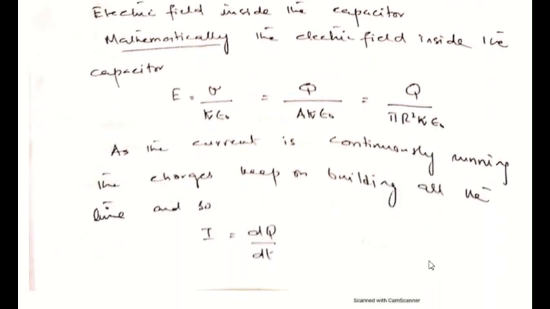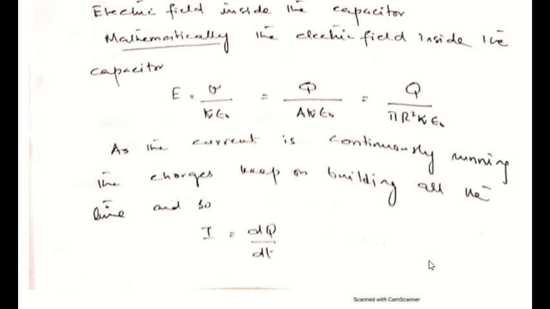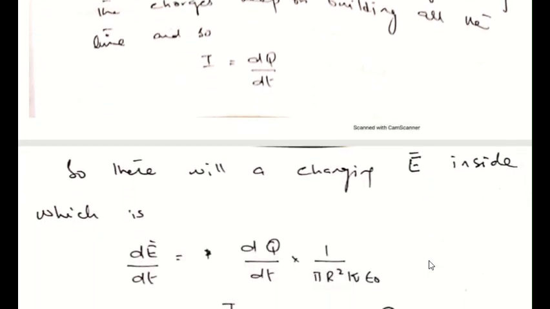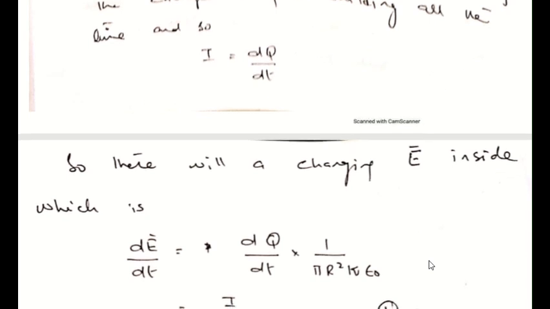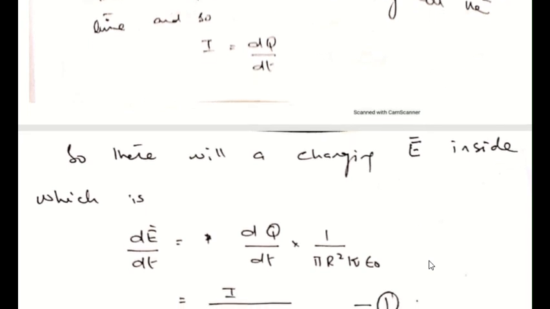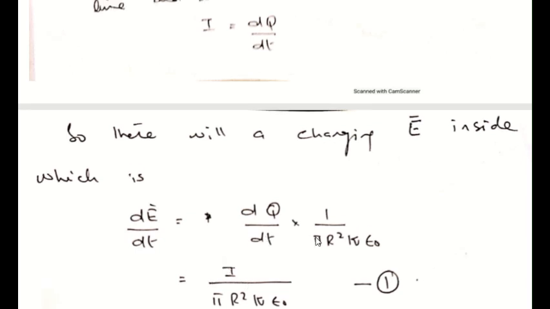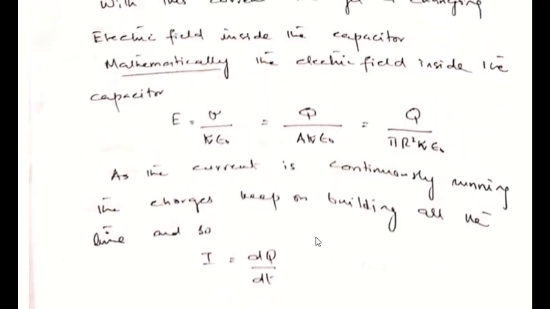As the current is continuously running, the charges keep building all the time, so we can define current as the rate of flow of charges, dq by dt. So there will be a changing E inside, which is dE by dt.